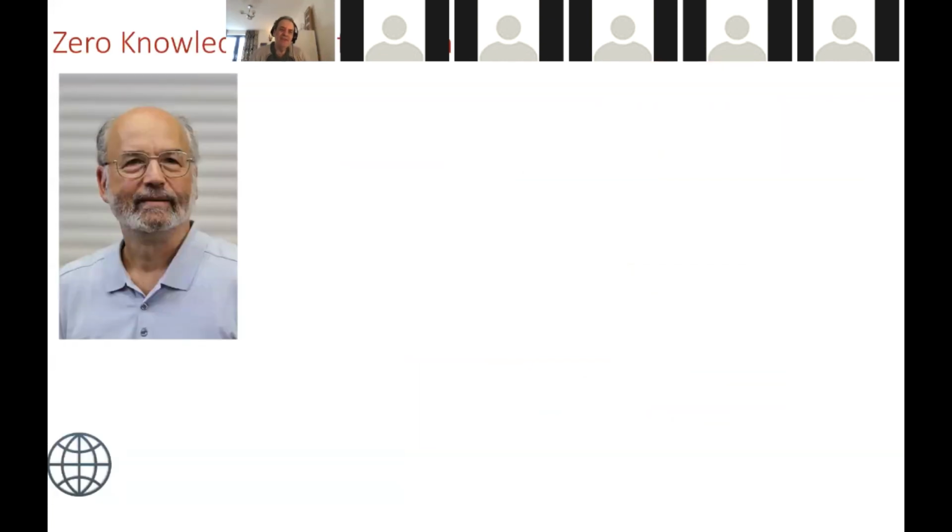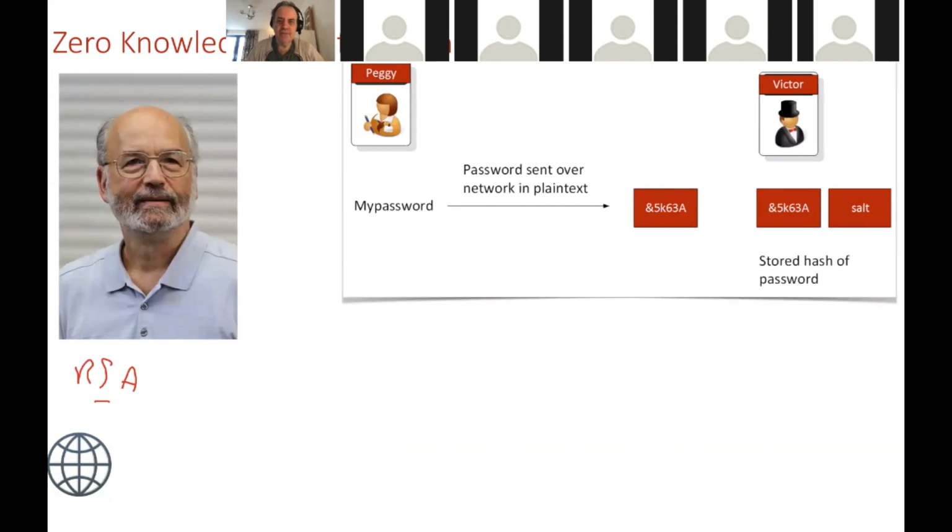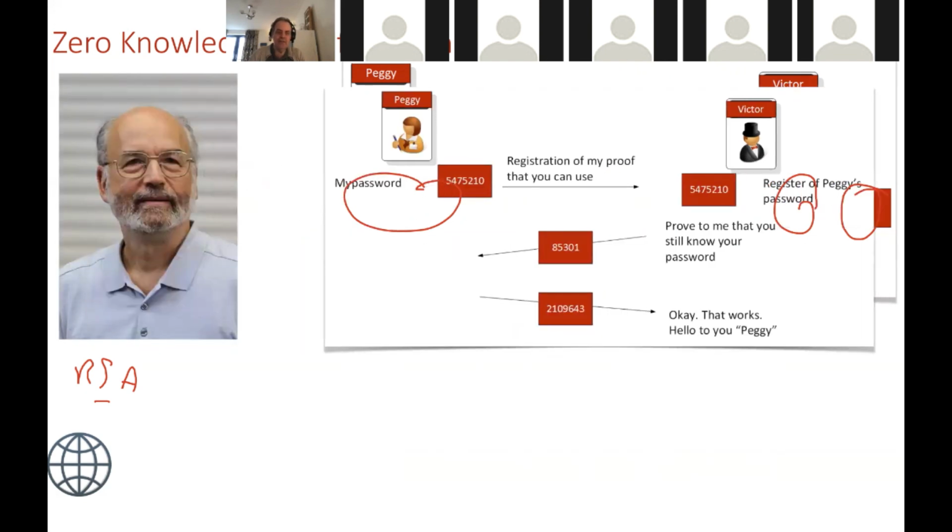And it was Shamir, yes, Shamir again, the S in RSA, who was one of the first to come up with zero knowledge proof based on discrete logarithms. So rather than our traditional way of sending our password over and then adding salt and taking a hash, where we know that's a flawed method, is it possible for us to prove that we still know our passphrase?